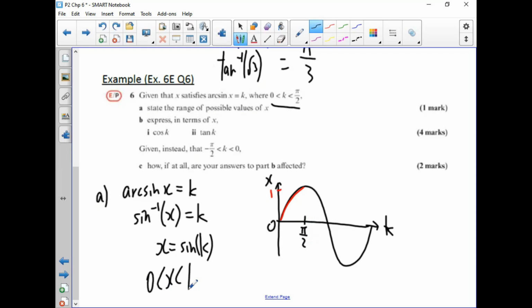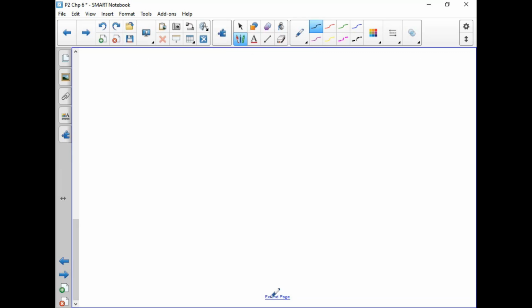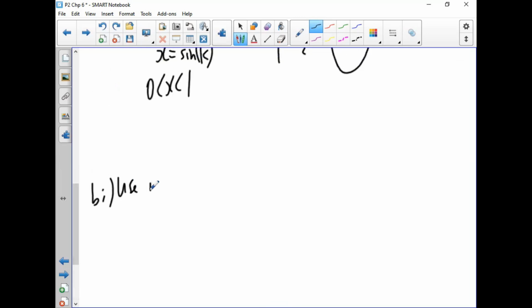Part B: express cos k in terms of x. For part B1, we're going to use identities. We know x equals sine k, that's the definition.